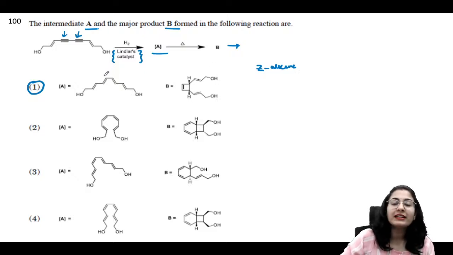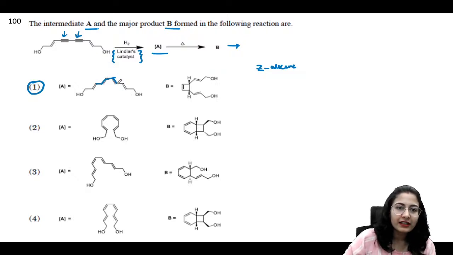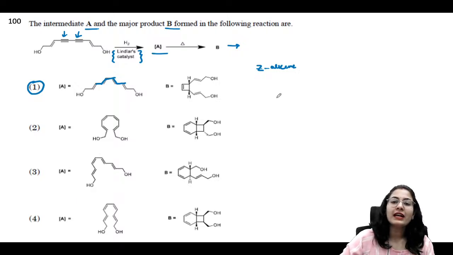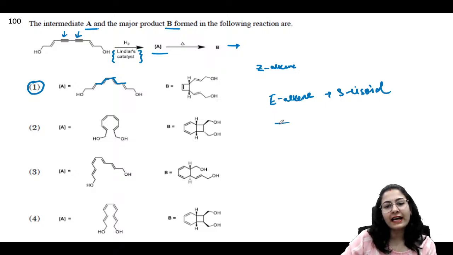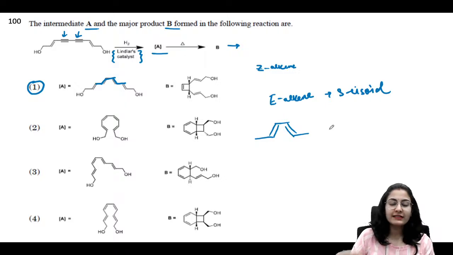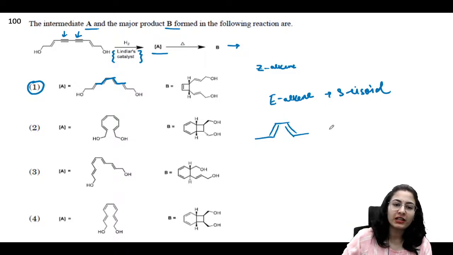In option number 1, the trick part is that both the alkenes are written in such a way that you will feel कि this is cis alkene but this is not. ये देखो, ये कौन सा फॉर्म है? ये E alkene का s-cisoid form है. It is the s-cis form of the E alkene, E diene. When two of the alkenes are written in such a way, so it is the s-cisoid form जो हमें Diels-Alder में चाहिए होता है, isn't it?